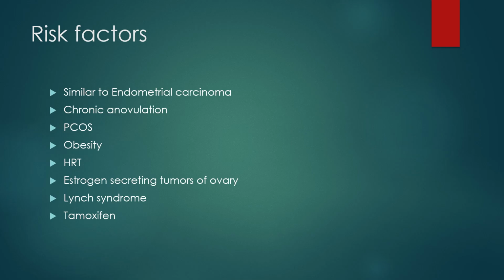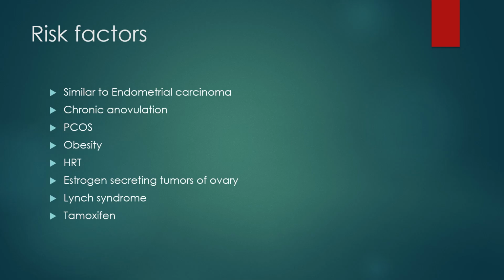Hormone replacement therapy with estrogen alone in patients having a uterus can lead to endometrial hyperplasia unless it is supplemented by progesterone. Another important, even though rare, cause is estrogen-secreting tumors of the ovary like granulosa cell tumor or theca cell tumor.